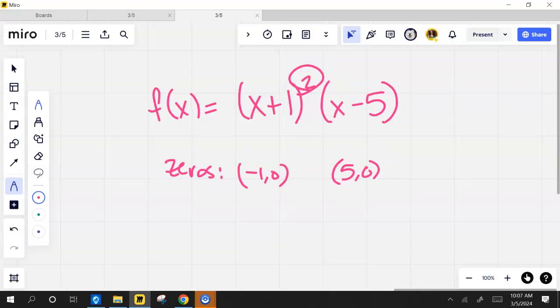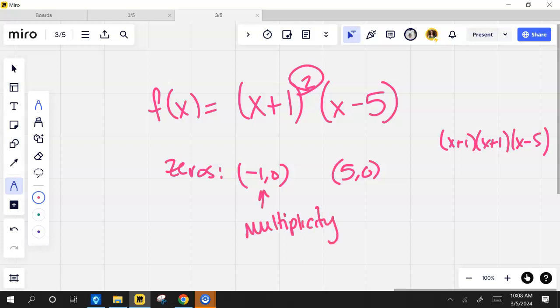And this is very, very important because I could write this as x plus 1, x plus 1, x minus 5. So that -1 is happening twice. Do we all agree with that? What we do is we call that a multiplicity. Multiplicity tells me how many times it happens. So I say this has a multiplicity of 2 because it happens twice. Does that make sense?